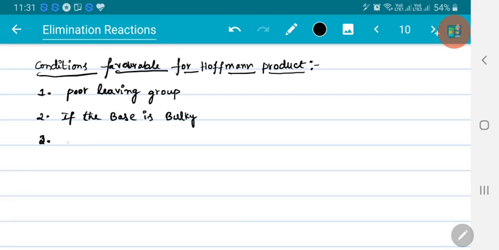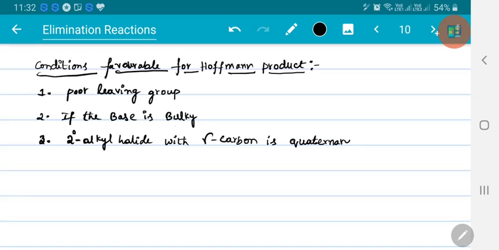So we take any secondary alkyl halide with the gamma carbon having a quaternary system, or it may have a bulky leaving group.